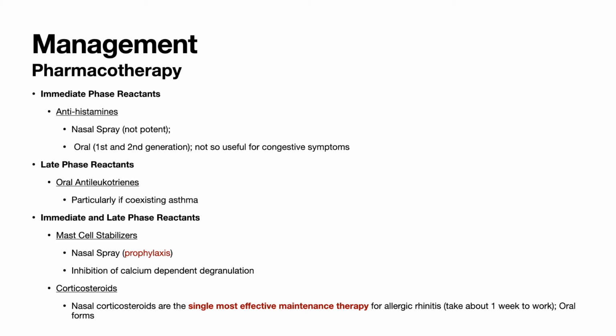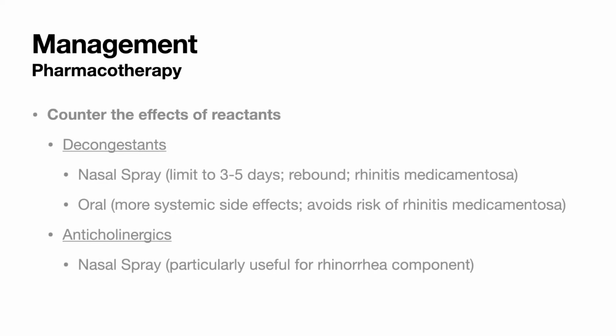And along with lymphopenia, they cause a decrease in eosinophils and a decrease in the production of interleukin-2. For these reasons, corticosteroids make a great maintenance therapy, and in fact, nasal corticosteroids are the single most effective maintenance therapy for allergic rhinitis.